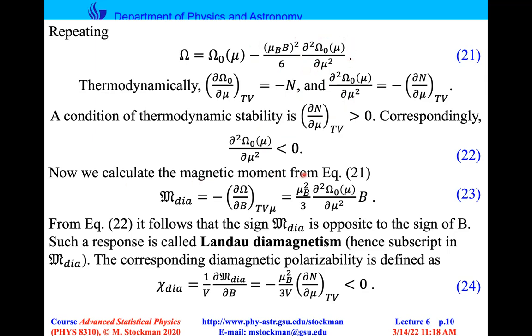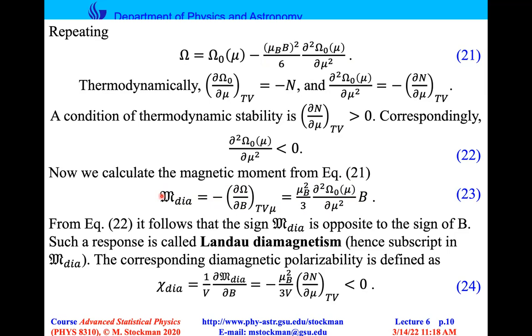Now we calculate the magnetic moment from this equation. The thermodynamic formula for magnetic moment is the following. Magnetic moment M is minus d omega over dB. I already mentioned that this term is positive, so with this minus, it will be negative. So this second derivative is negative, and this contribution to magnetic moment is negative.